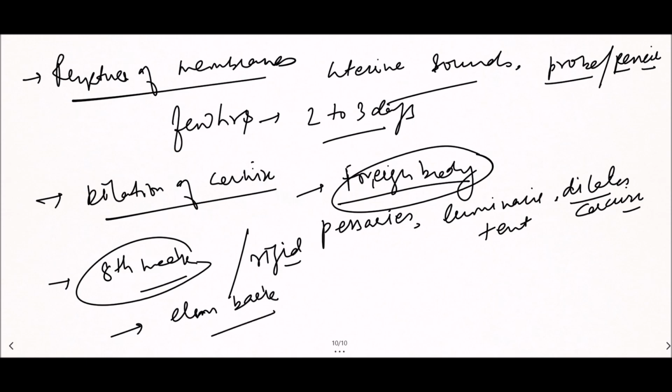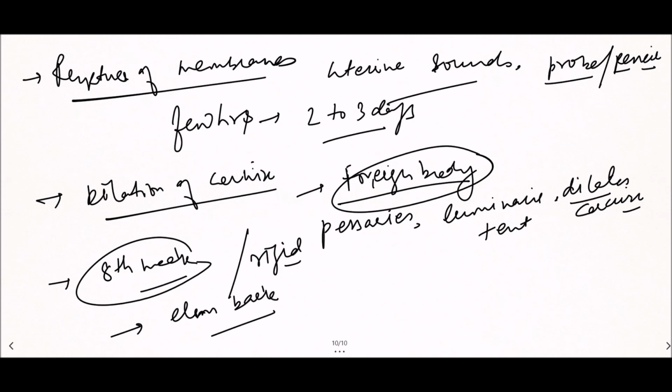It comes from a tree grown in Central or North America; pieces are cut to the desired length and breadth and inserted into the cervical canal.